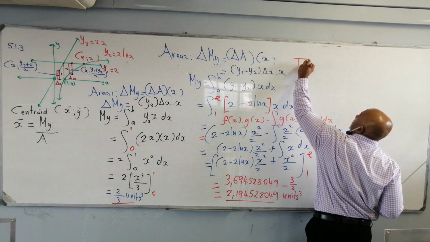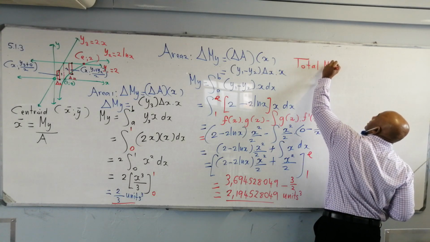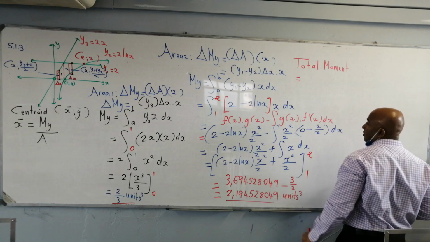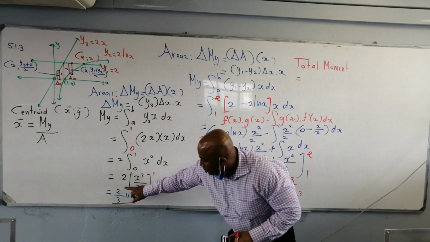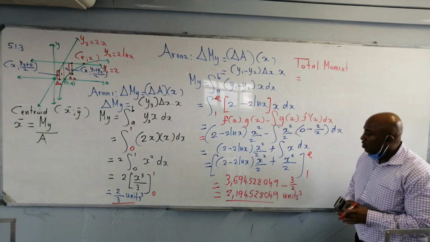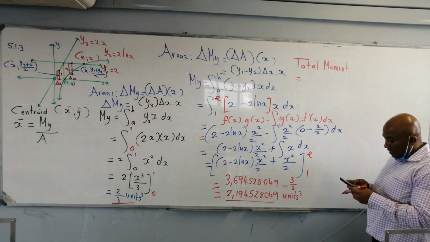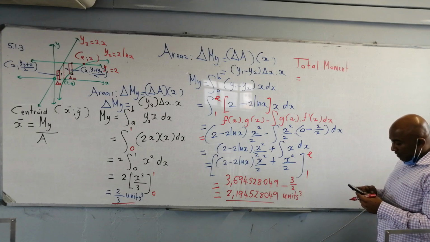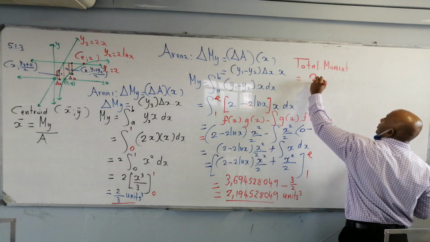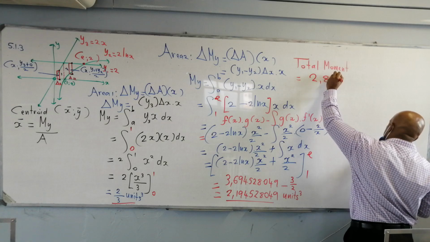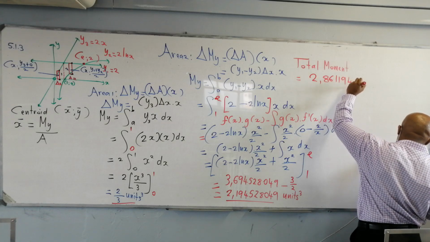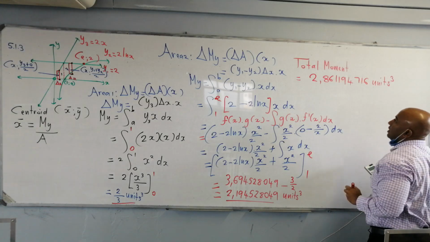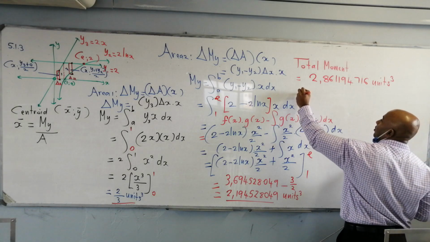So the total moment is equal to, we need to add up 2 over 3 plus 2,194,528,049 plus our 2 over 3, and we get 2,861,194,716 units to the power 3.